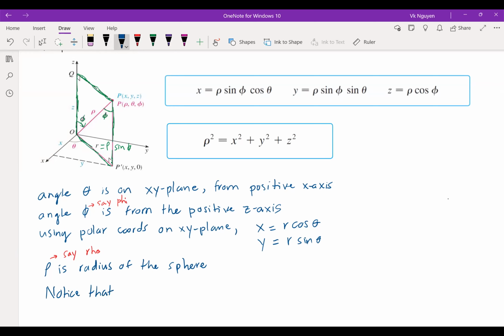Half of the plane is the right triangle, cut off by the diagonal line of length rho.